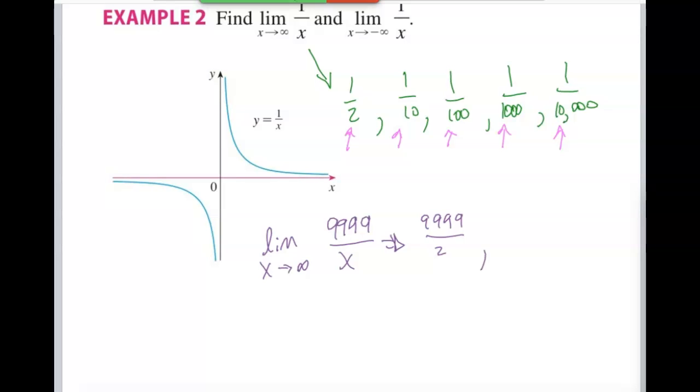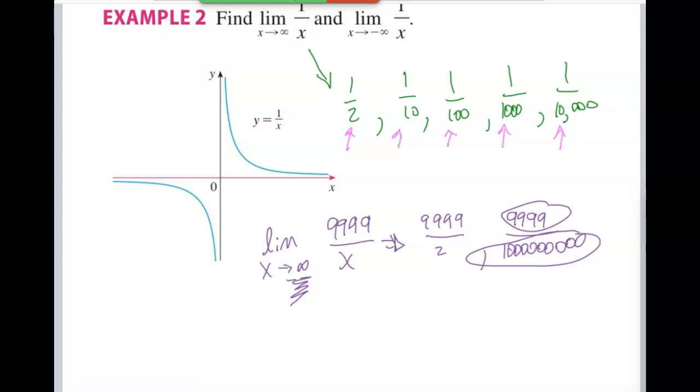But eventually, since we only care about what goes on when we plug in enormous values for x, what is the overall fraction going to approach when I have large enough values in the denominator? In the chat again. Yeah, still 0. It might take a little longer, but it doesn't matter because we're going out to infinity. In the long run, the denominator is just going to eat up that numerator, and the whole thing is going to approach 0.